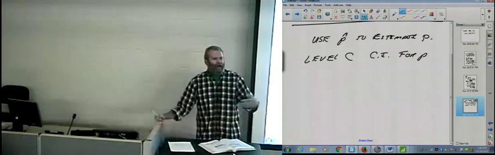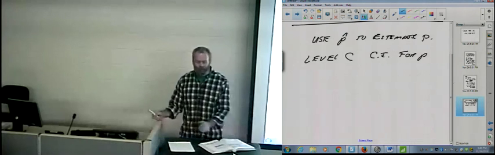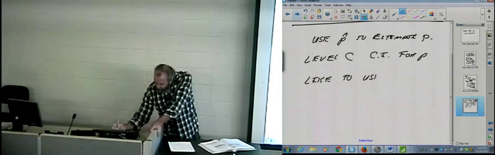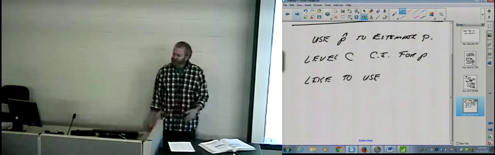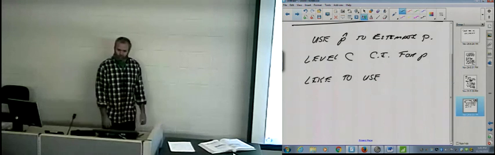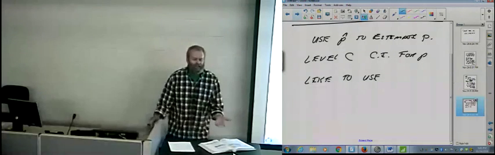Now, I'm not going to go back and start drawing pictures here. Here's what I want to use. Remember, every confidence interval that we look at is supposed to be an estimate plus or minus a margin of error. Your estimate is always your statistic.